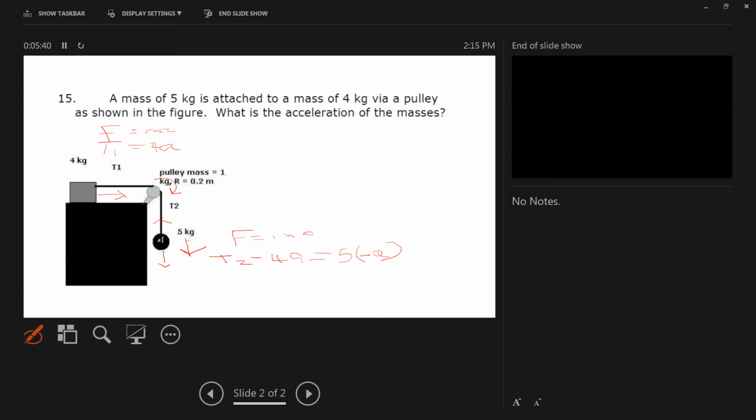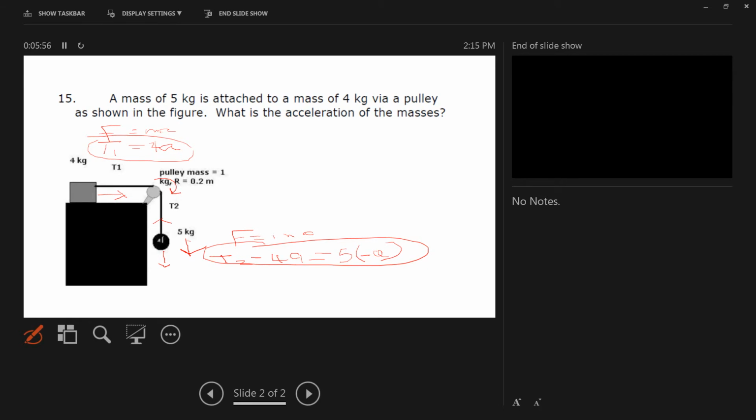So there's another equation. We have one equation up here, one equation down here. We have three unknowns: T1, T2, and A.